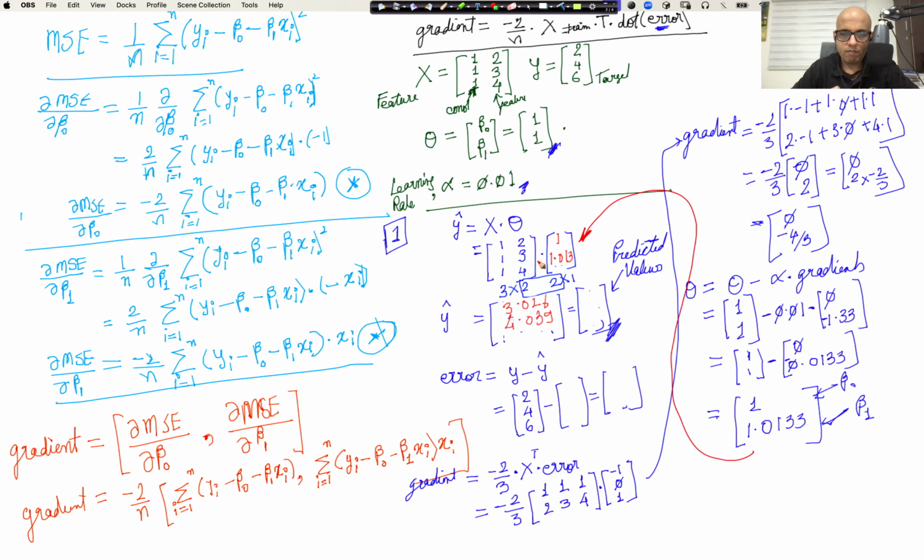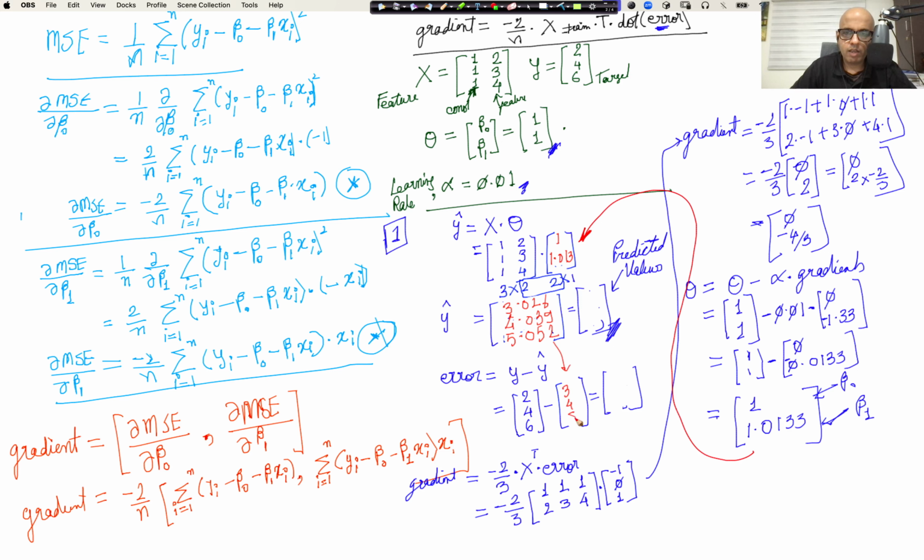And then the last value is 4 multiplied by 1.013 and then plus 1 to this, we get 5.052, right?